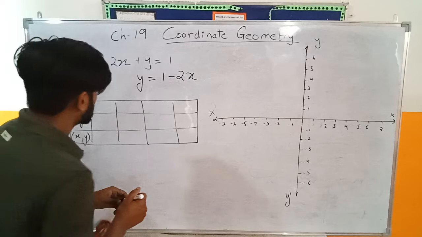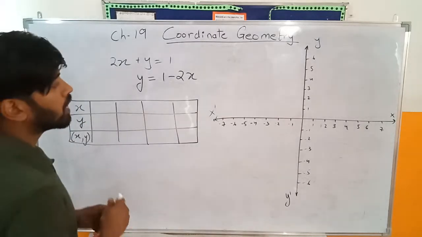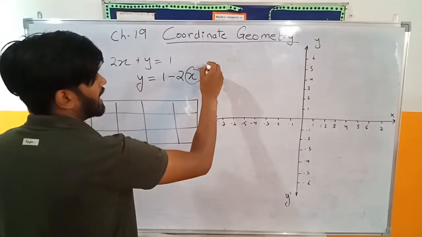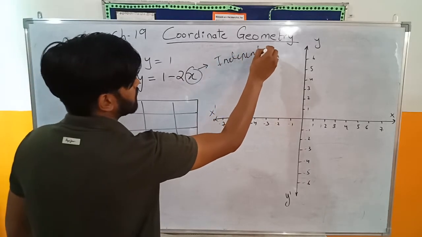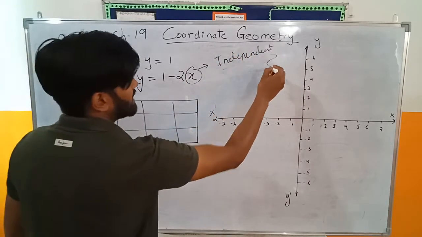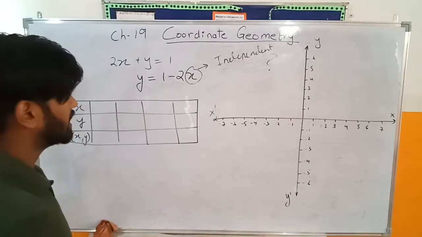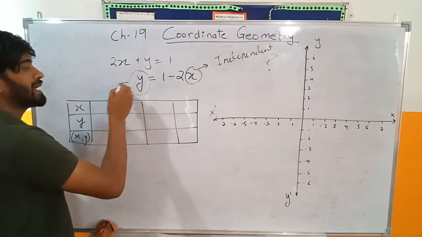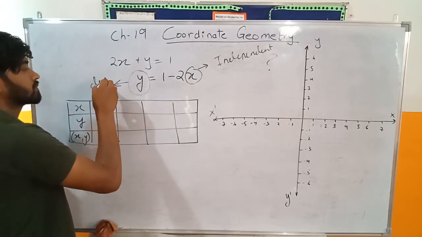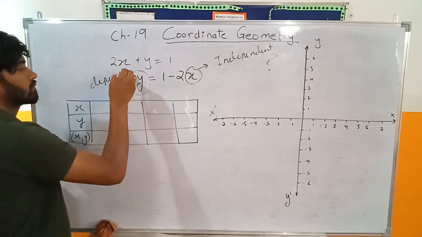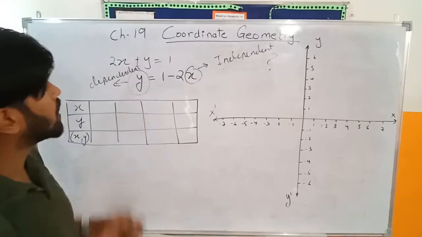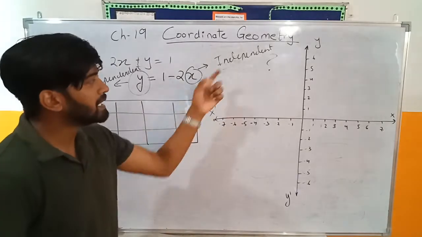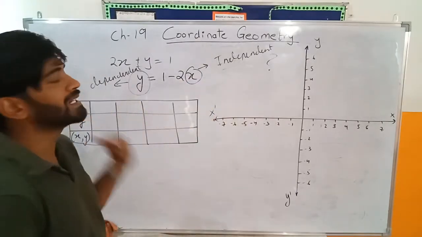Why am I calling this independent and this dependent? My first question is whether that arises in your mind. This is called independent and this is called dependent. Why? Independent variable, dependent variable.